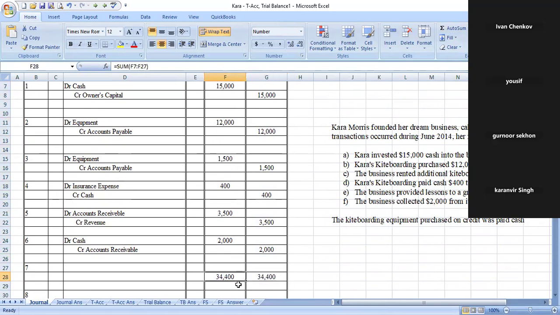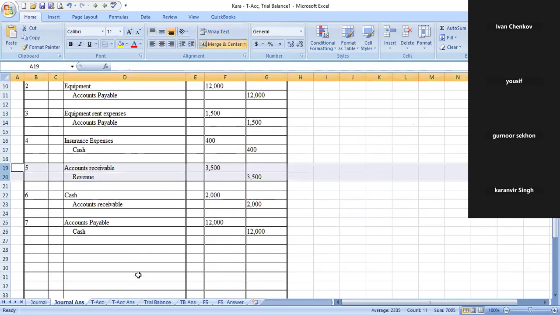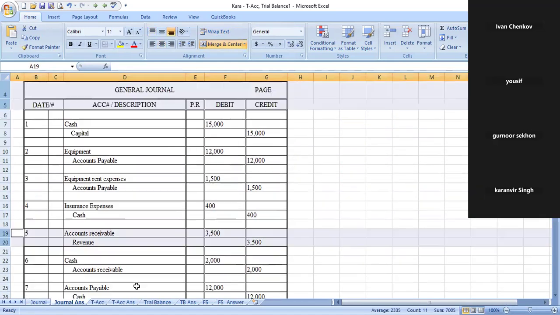And we're seeing that the debit is equal to the credit, correct? So that means we did a great job. The first principle of accounting was followed: debit is always equal to credit. Whatever is on the debit, the same amount is on the credit. You can check the entries to see if we did correct.